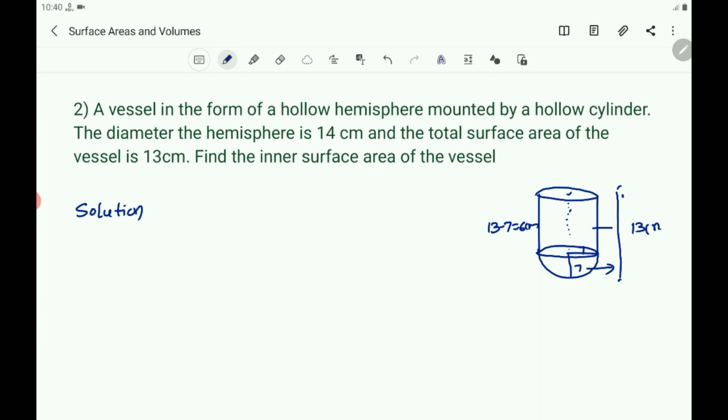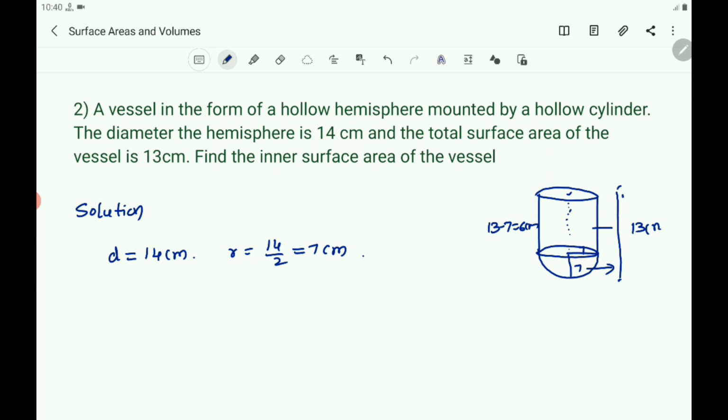So you take the diameter, write in short D equals 14 centimeter, and R equals 14 by 2, that is D by 2. You know that the radius is half of the diameter, therefore R equals 14 by 2, you will get 7 centimeter.